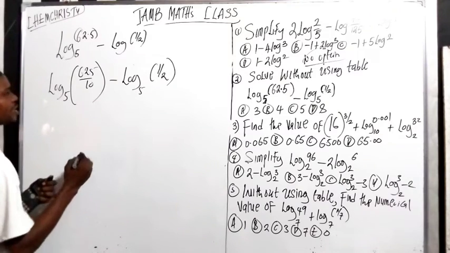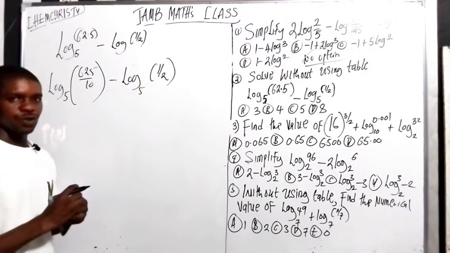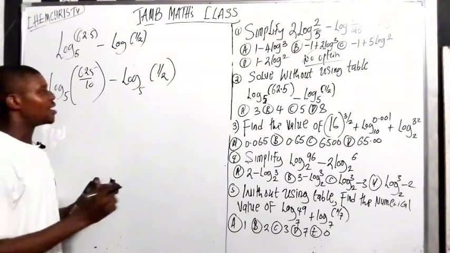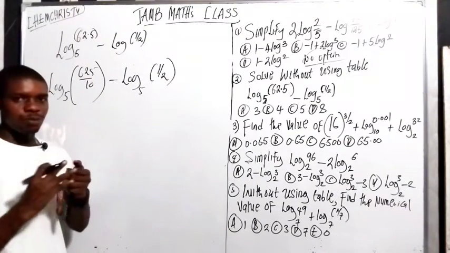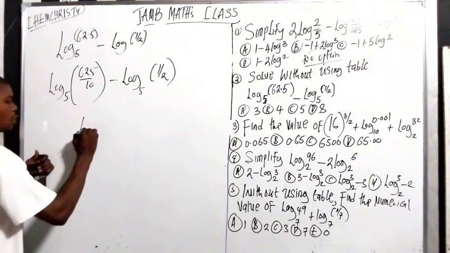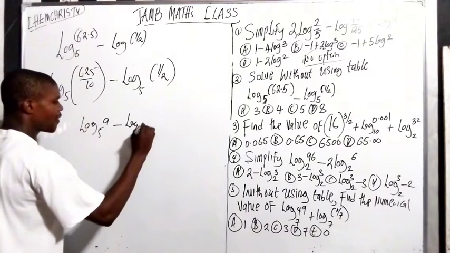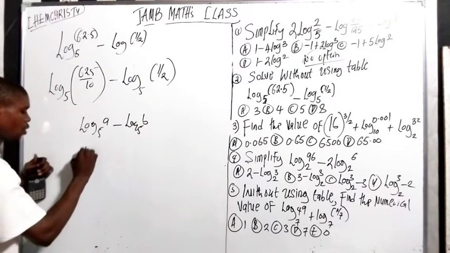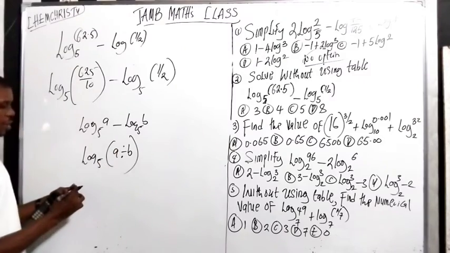Because they have a common base, subtraction, which is the negative sign, is division. Do you understand? So you want to combine them together. Remember, you have log 5a minus log 5b. What are you going to get here? You're going to get log 5a divided by b. Can you see that?